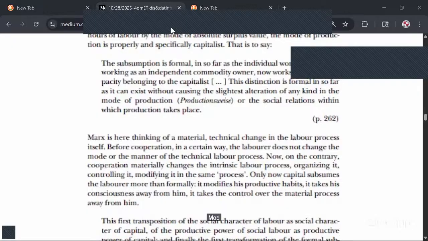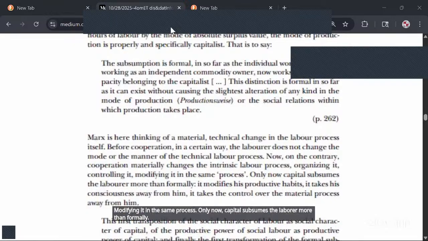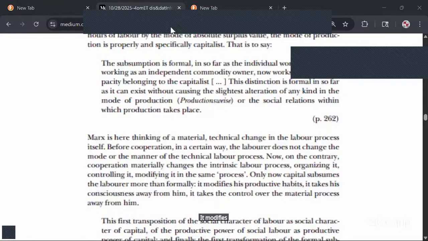Modifying it in the same process. Only now, capital subsumes the laborer more than formally. It modifies his productive habits. It takes his consciousness away from him.